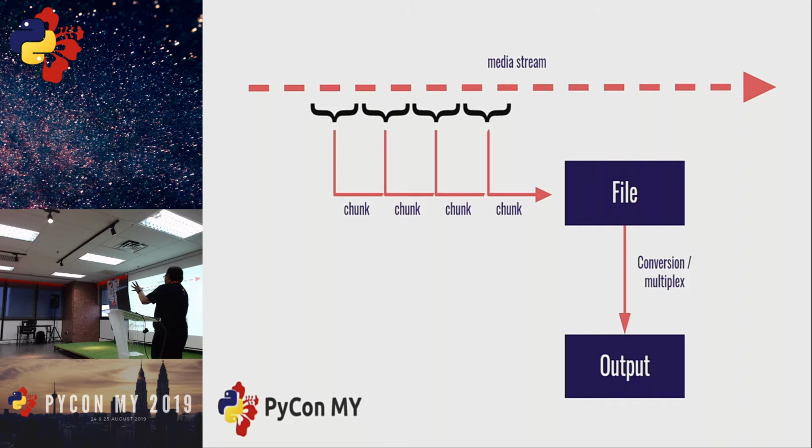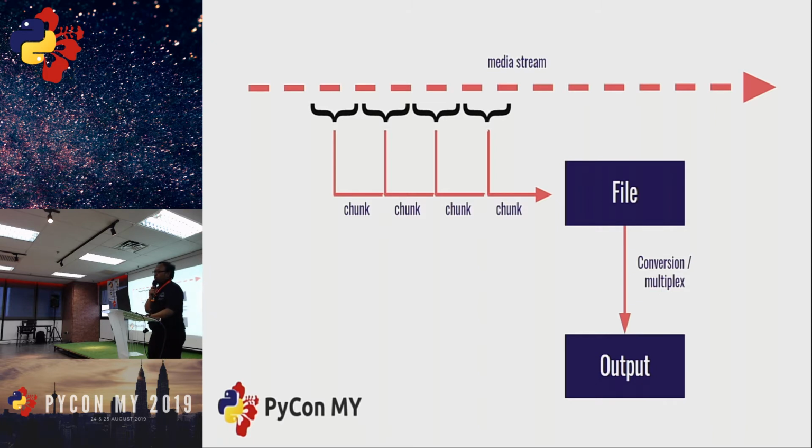So we're going to receive that streaming and divide it into smaller chunks. Then chunk by chunk, we're going to stitch it together to form a file locally or anywhere that we want. If needed, we're going to convert that. If not needed, then it's okay, you can use it already. And then we have our final product.